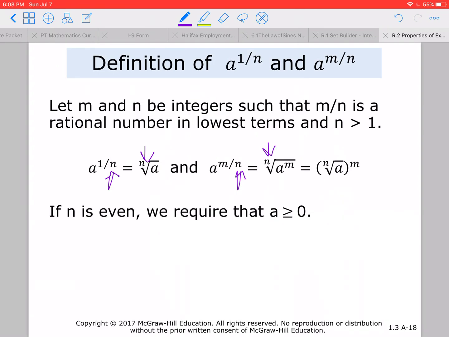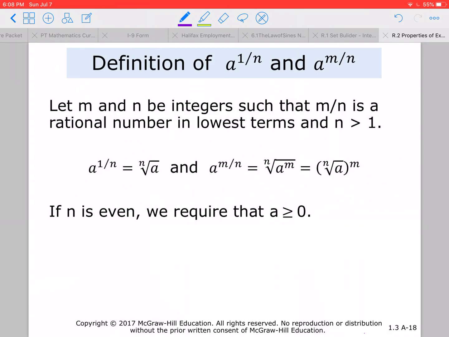The m, the numerator, stays with the a and just raises it to the power as here. And so we have the nth root of a to the m. And you could rewrite that, if it helps you solve it, as the nth root of a to the nth power. Either way you look at it is correct.